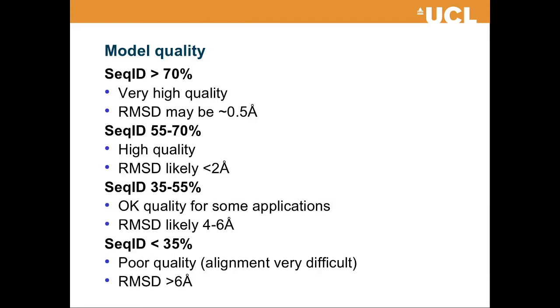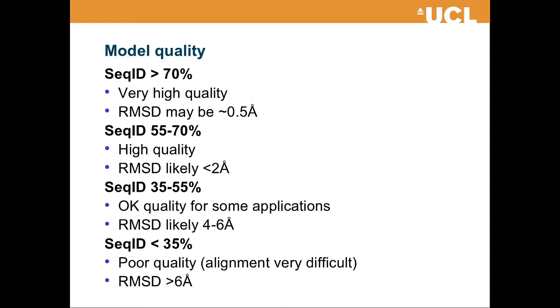So summarising some of the information about quality of models and what you expect in terms of root mean square deviations, if the sequence identity is very high, greater than 70%, we expect to have very high quality models, particularly if there are no insertions and deletions.